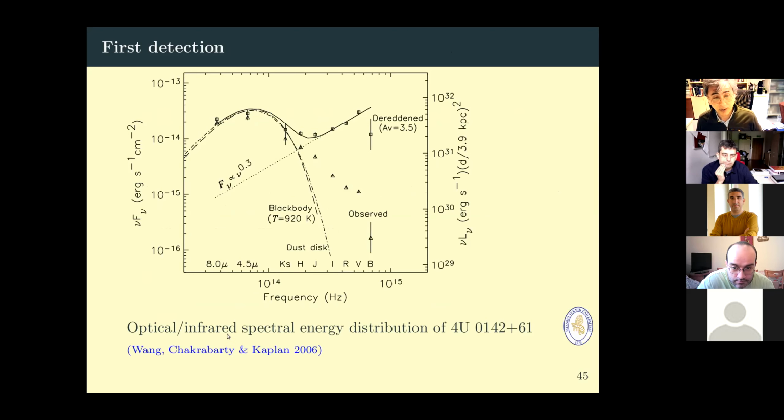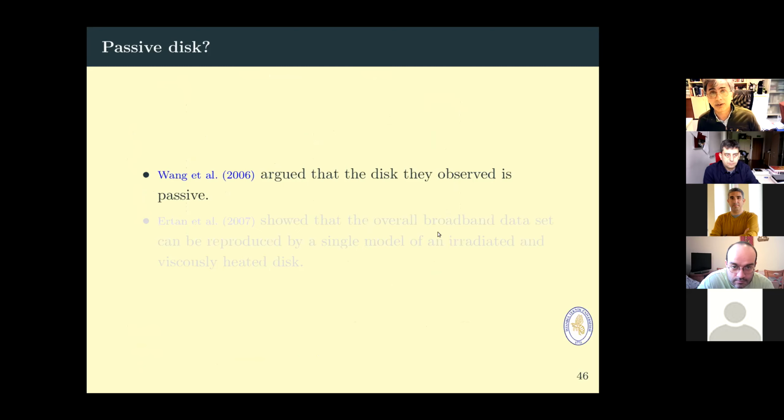Now, the optical, infrared, and spectral energy distribution of 4U 0142 is observed here. This was given in Wang, Chakrabarty, and Kaplan, and this is the first evidence for the existence of a debris disk around a young neutron star.